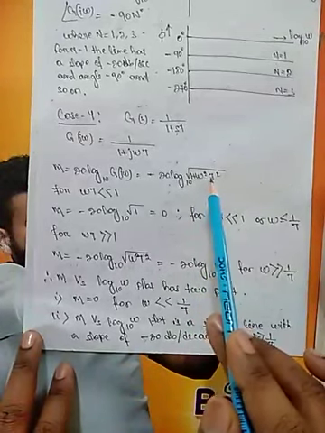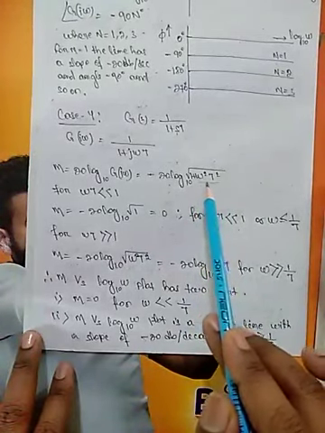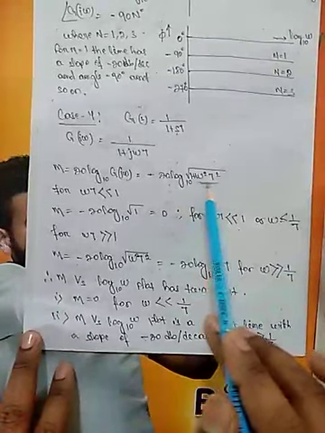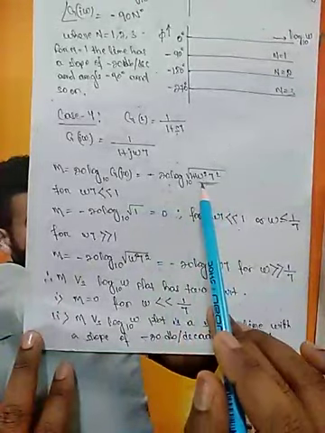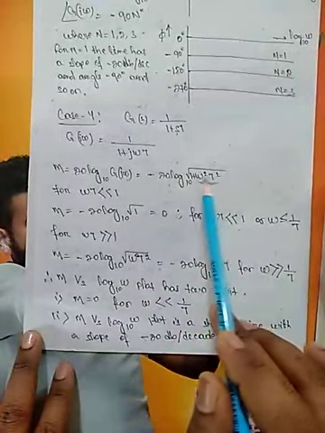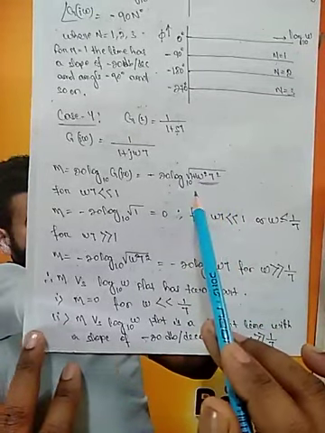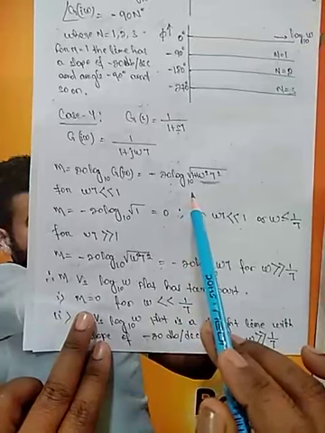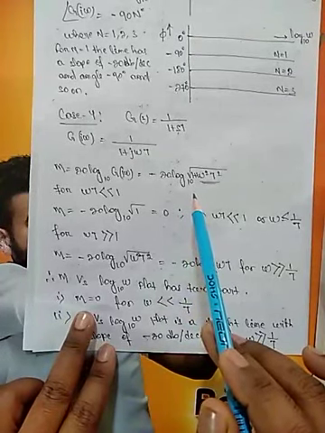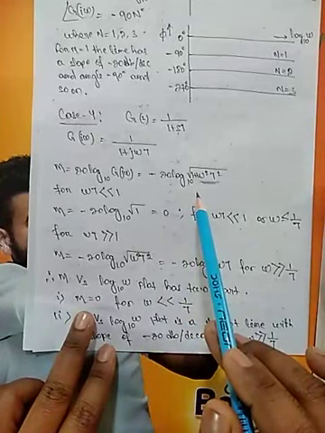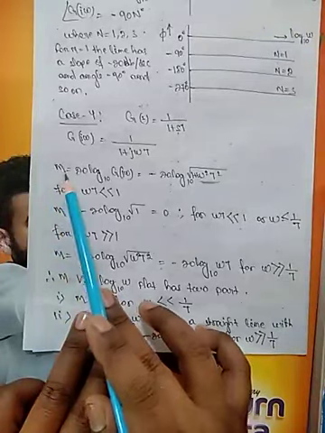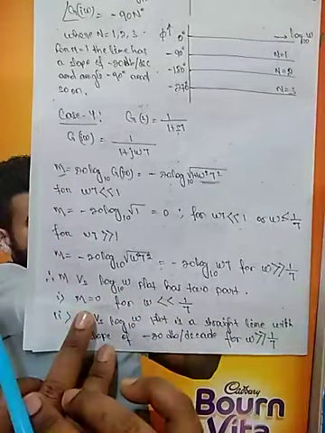See, omega square T square, here it gives two cases. This omega T may be greater than 1, or less than 1. So we see that when it is greater than 1 and less than 1, how it affects the magnitude.